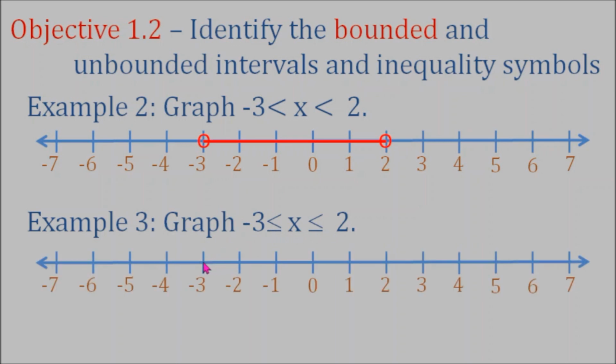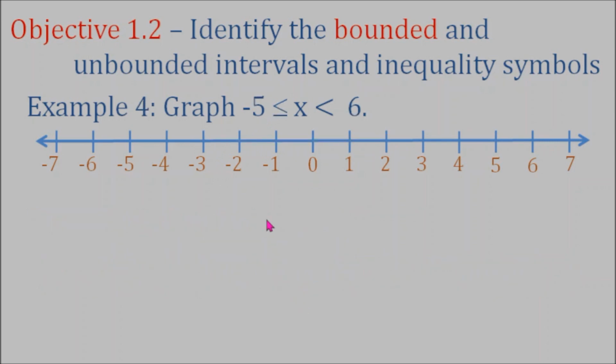This time we are going to put a closed circle on -3 and also a closed circle on 2. And then we shade the part between the two numbers. So that means if it has a line under, or it's less than or equal to, it's a closed circle, while if it is just less than, it's just an open circle.